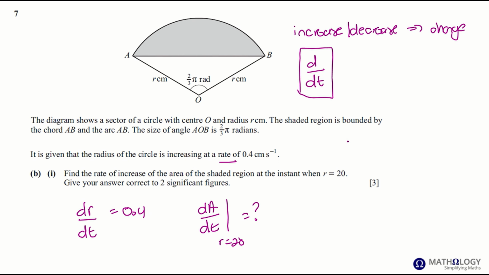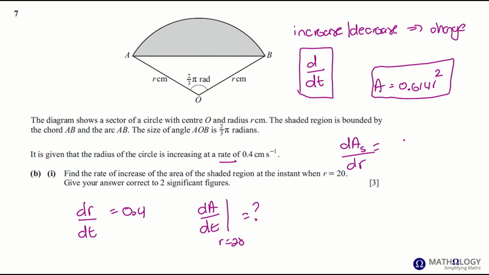Now, since we know that the area of the shaded region with respect to r is 0.614 r squared, that's what we had in the previous question, to find the rate of change of the area of the shaded region with respect to the radius, we're going to differentiate this function.